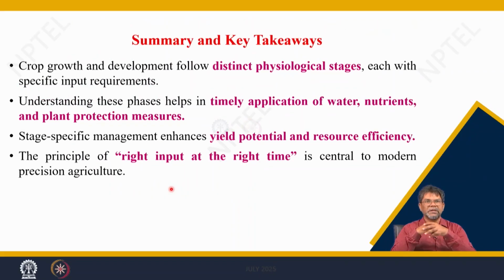Resource use efficiency is higher by knowing the proper growth phase. So, what are the takeaways? Crop growth and development follow distinct physiological stages, and as we discussed, each stage has specific input requirements. You should understand the crop stages for proper input management.